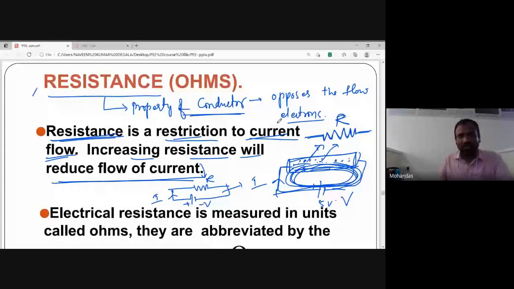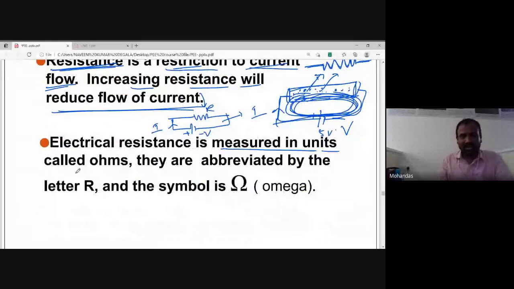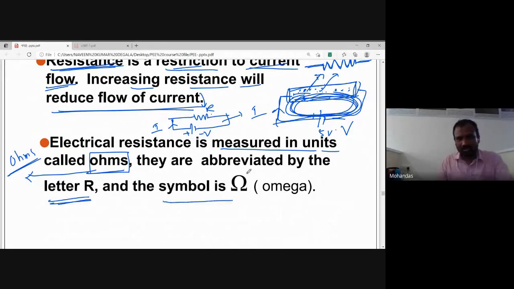Now, electrical resistance is measured in ohms, named after the scientist. The units for resistance are ohms, and the resistance is represented by R.